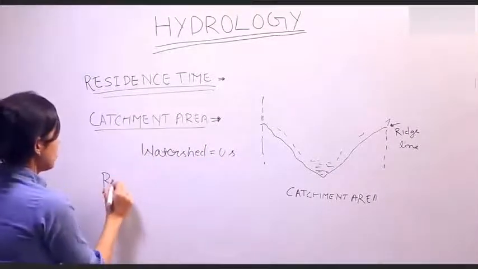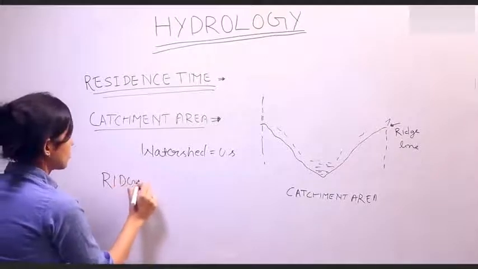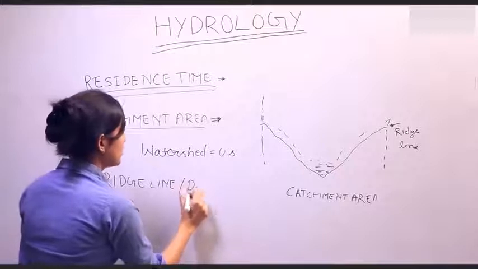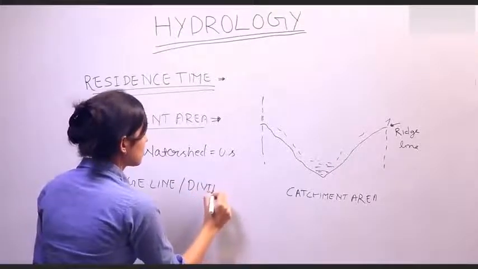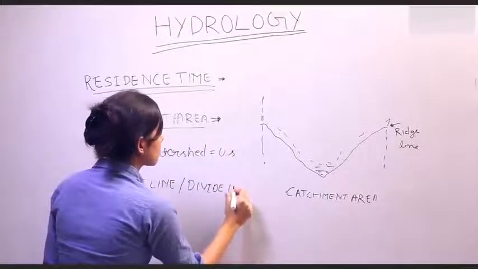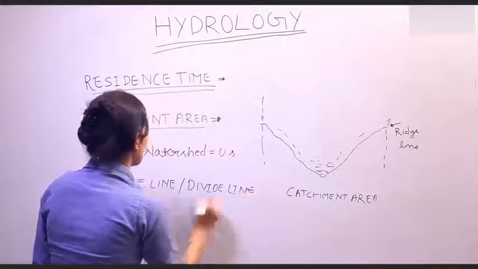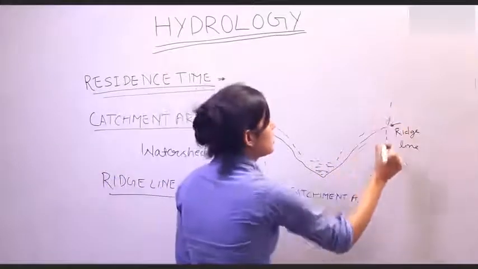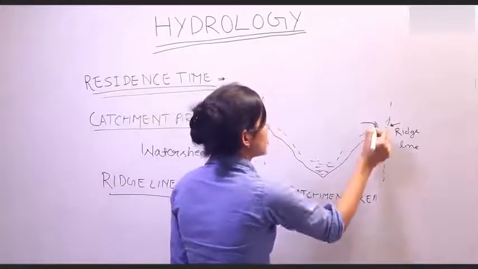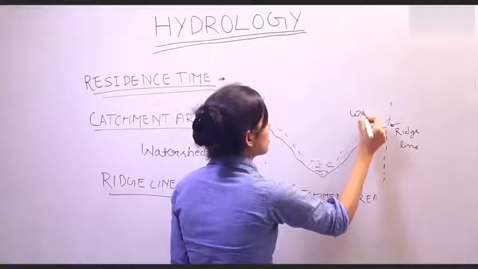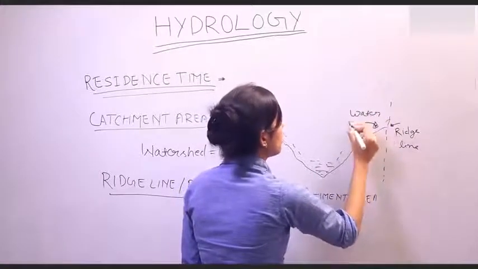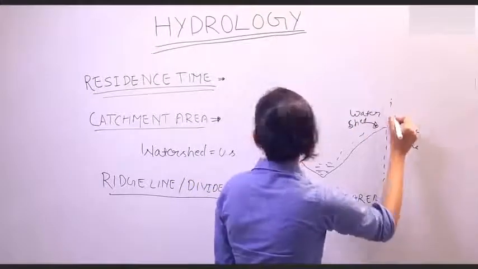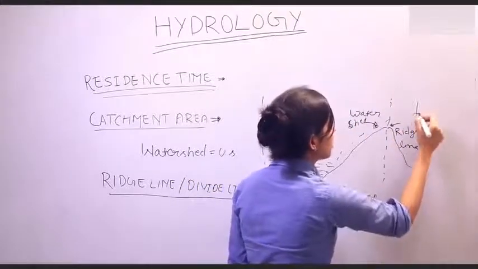Then ridge line. It is also called divide line. It is nothing but the line that demarcates one watershed from its neighboring watershed, or one catchment area from another catchment area.